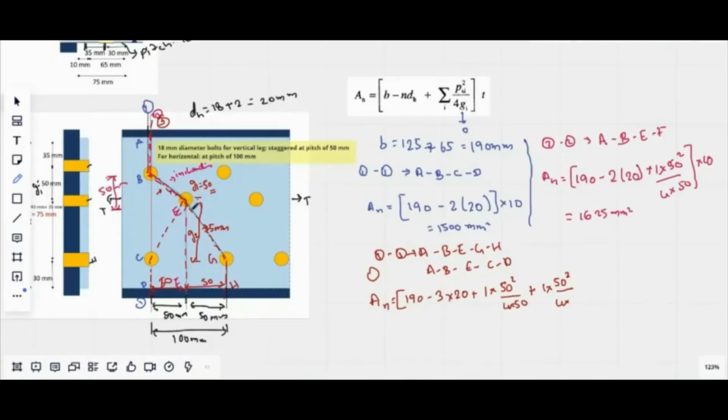When it is moving from this bolt to this bolt, the gauge distance will be 75, into thickness of plate, which will be about 10 mm. If we calculate, this value will be around 1508.33 mm square. So when we compare all the three values, 1500 mm square is the least value, and this value can be taken as net area at critical section to determine the strength in rupture.